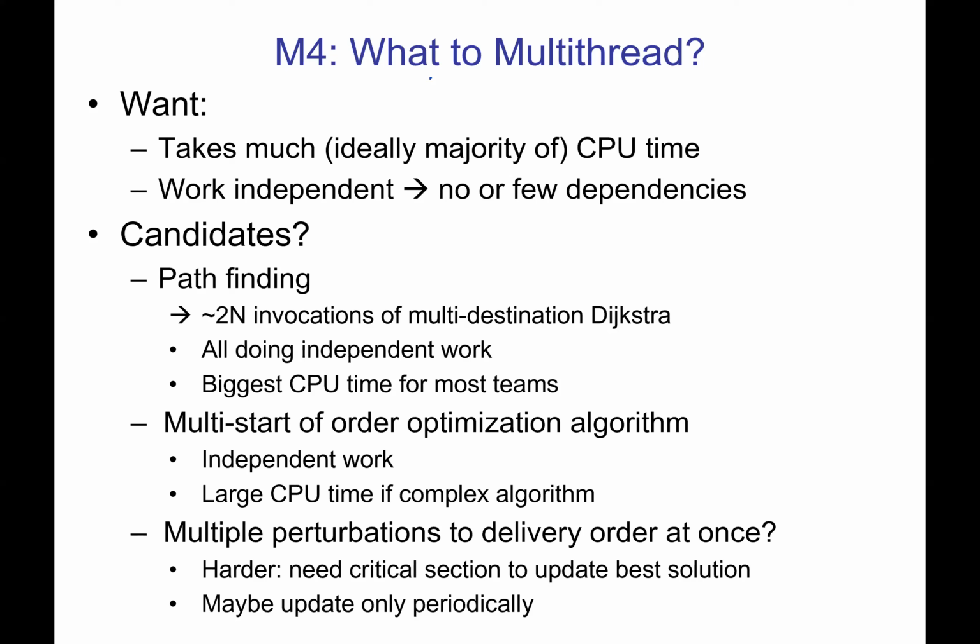And that might hurt your performance. You could say, well, you're going to try 1,000 perturbations in each thread and they'll keep their own best solution, and only after they've each done 1,000 will they try to update the overall best solution. That might minimize the amount of time you spend in that critical section, which could get you better parallel speedups. So that's reasonable too. But basically, this one's a little harder.